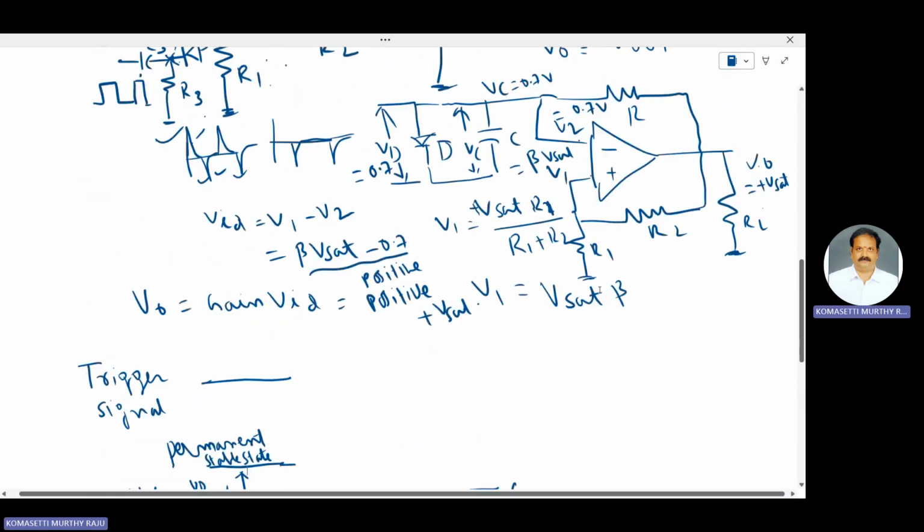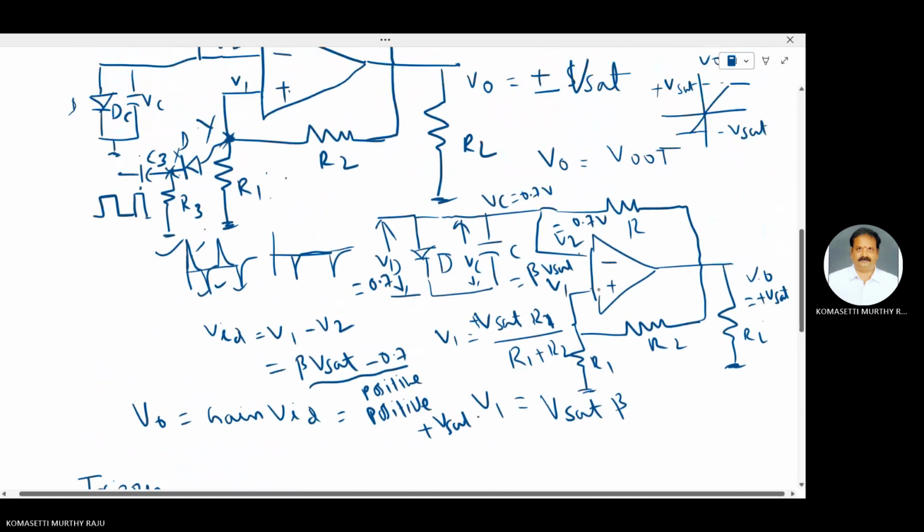A differentiator circuit is used to differentiate the square waveform. Spikes are produced like that, positive going spikes and negative going spikes. The operation of the monostable multivibrator requires only one polarity, either positive or negative.